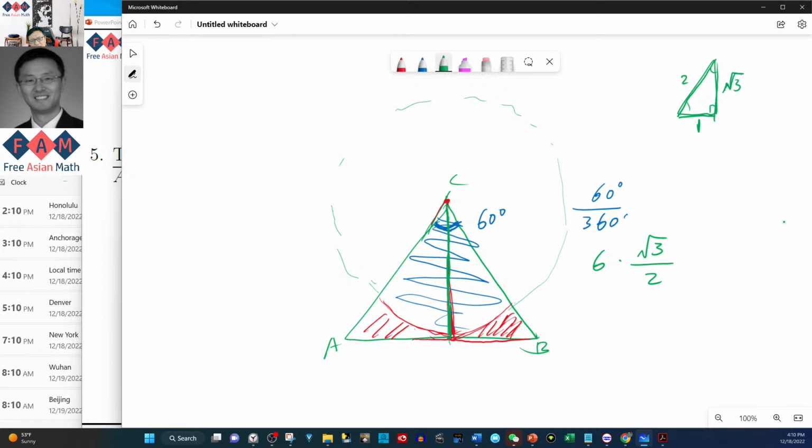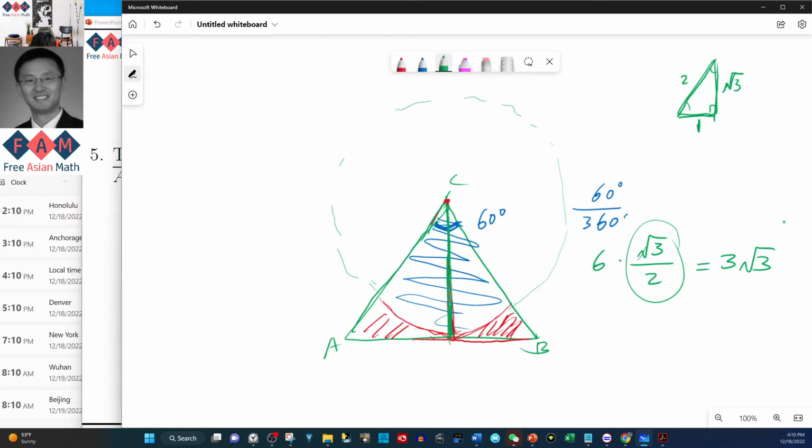And clearly understand the three sides relationship so that when you use proportion to get one from the other, you will not use the wrong proportion. Okay, so if this is 6, then this must be 6 times square root of 3 over 2, which is 3 square root of 3. That is the radius of the underlying circle.